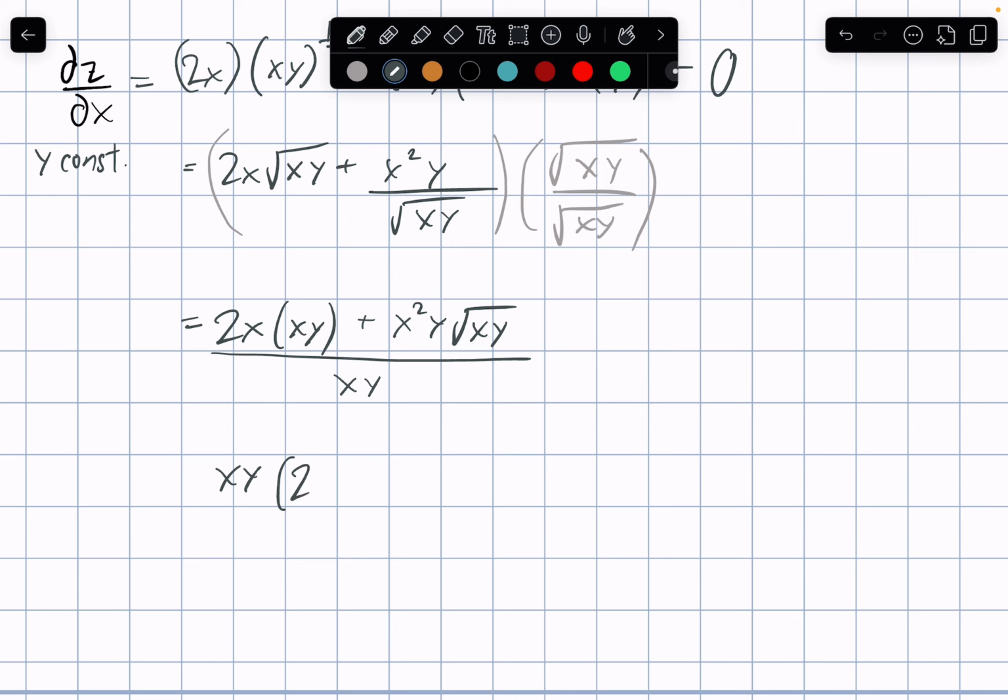Factor something from the numerator. xy.